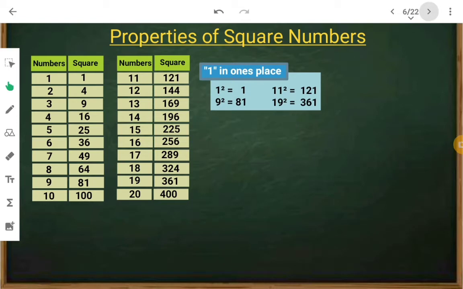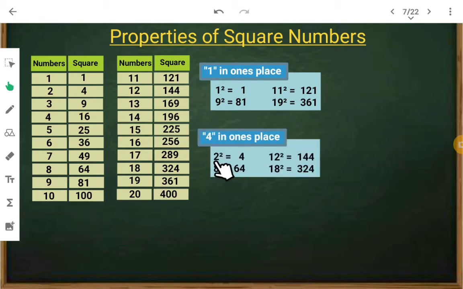And next one is 2. Who is the friend of 2? 8, because if you add 2 and 8, you will get 10. 2 square is 4. And what is 8 square? 8 square is 64, right? And then 12 square is 144. 18 square is 324.